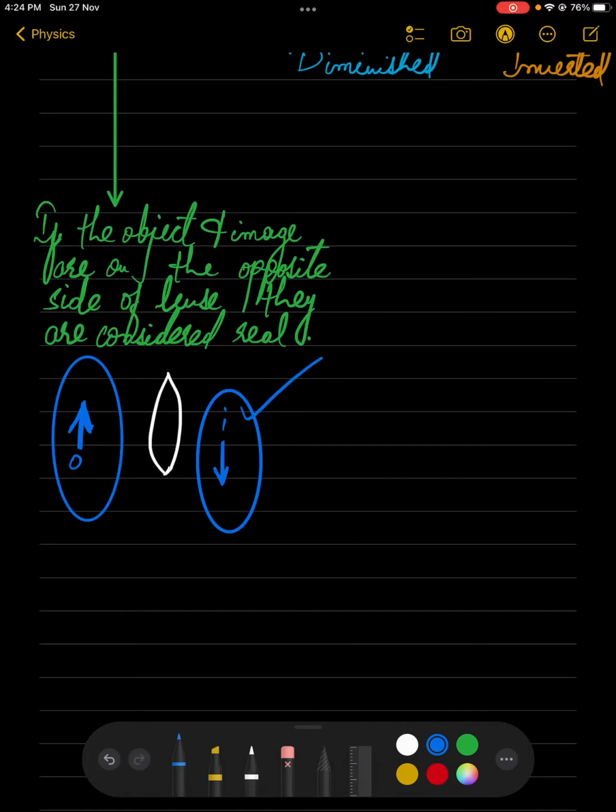So the object is on the opposite side compared to the image. अगर ये ऑपोजिट साइड पे होते हैं तो इस सिचुएशन में हम इमेज को क्या कहेंगे? That the image is real. In such a condition, the image is considered to be real.